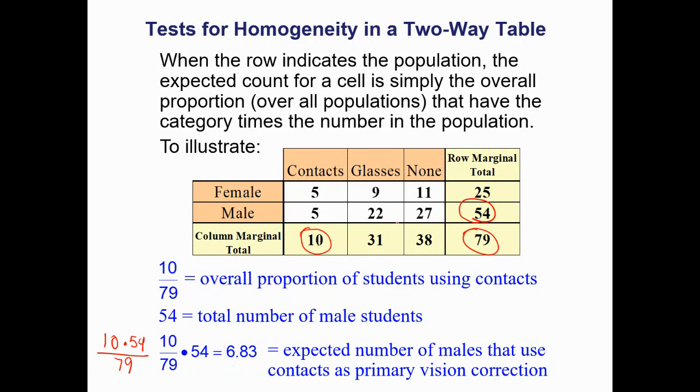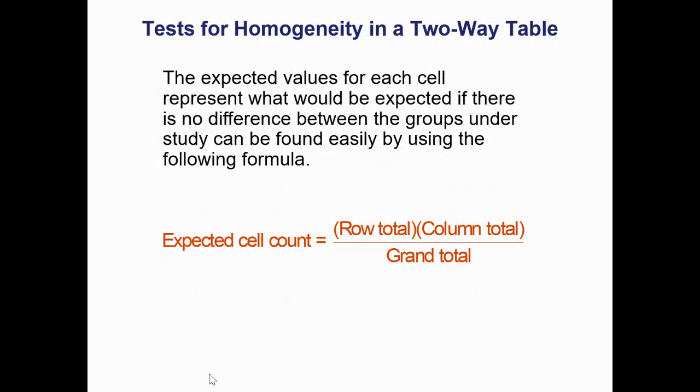So we did 10 times 54 divided by the grand total. That may be a little bit more intuitive than writing it in the manner that they have it on the slide here. And that's actually how we get expected cell count.